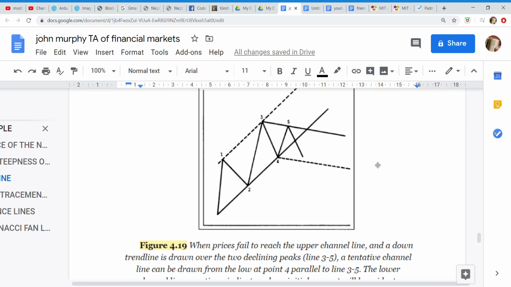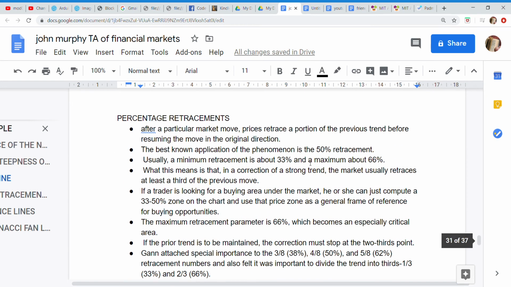Similarly for downtrend. Percentage retracement: after a particular market move, prices retrace a portion of the previous trend before resuming the move in the original direction. The best known application of this phenomenon is for 50% retracement, then 33% retracement.